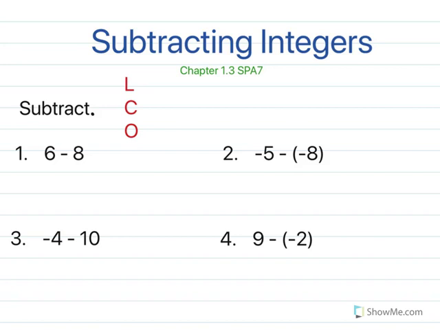You're first going to leave the first number the same, and after that, you're going to change the sign of the subtraction problem into an addition problem, and then finally you're going to give the second number the opposite sign.